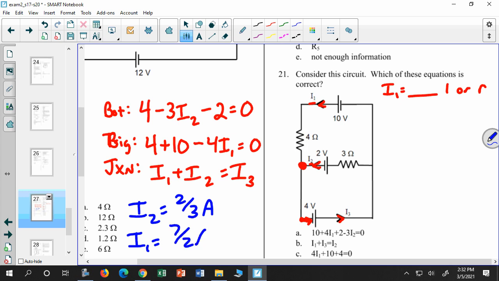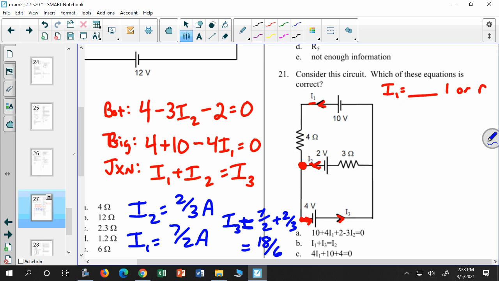That's 7/2 amps. And then I3 is going to be the sum of those, 7/2 plus 2/3. What's that? 21/6 plus 4/6, 25/6, whatever that is.